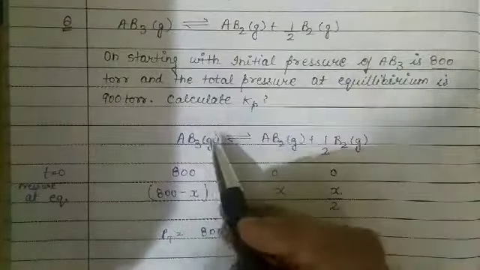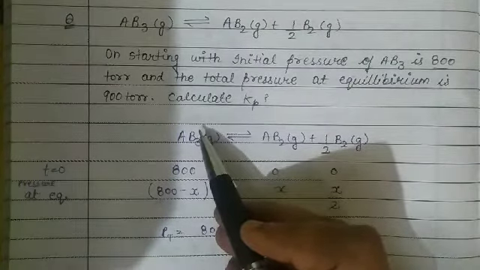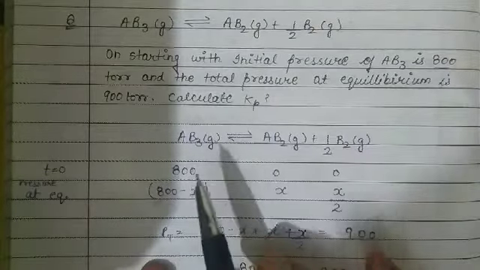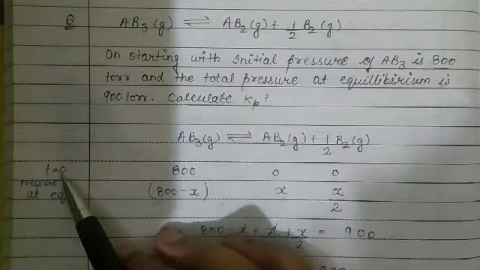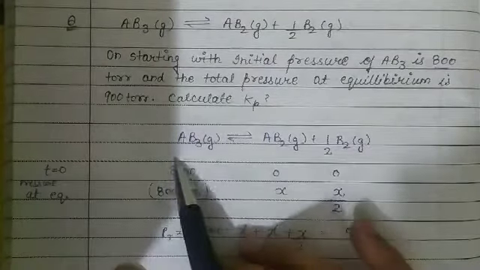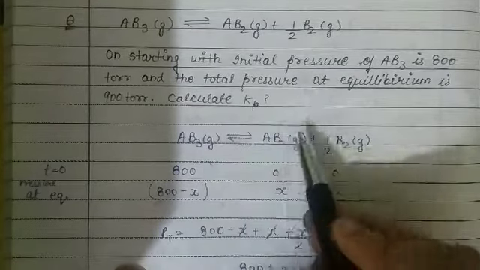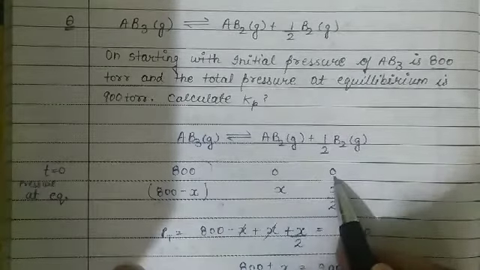See, as we know that we can treat pressure in the same way as we treat moles. So at T equal to 0, initial pressure for AB3 is given, which is 800. So initial pressure of AB2 is 0 and B2 is 0.